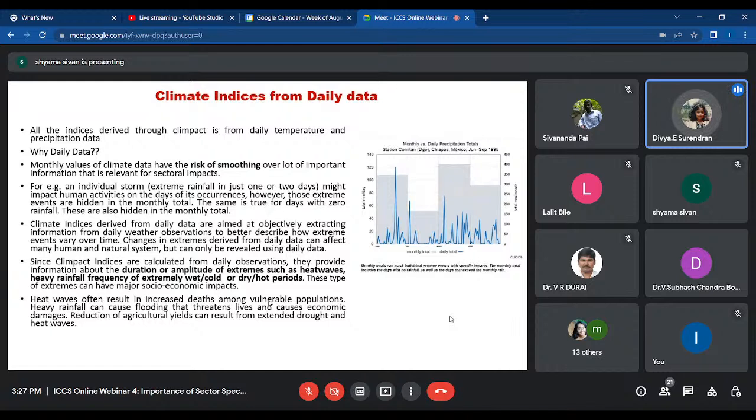In the figure, if we take a monthly mean, many times the extreme events, like a heavy rainfall event which happened on a particular day, will be smoothed out, or a highest temperature record. So all indices are calculated with respect to the daily data.